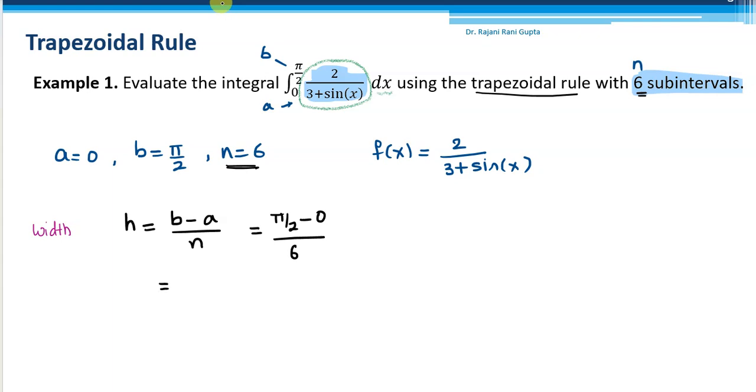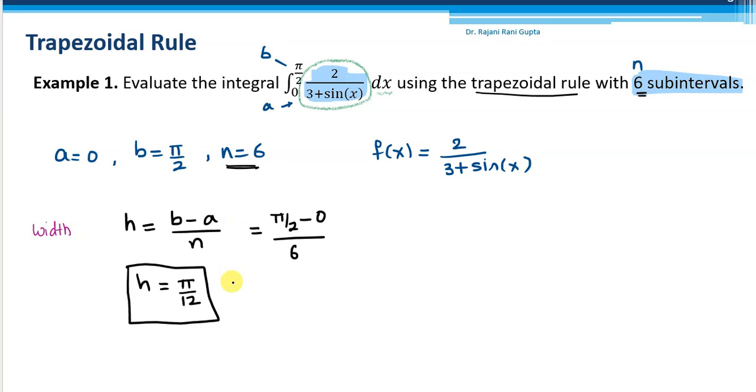When you simplify this, you'll get pi over 12. I recommend keeping it as pi over 12 instead of making it into a decimal, because if you make it into a decimal, you will not be able to reach the final value. Let's see how you will work on it.